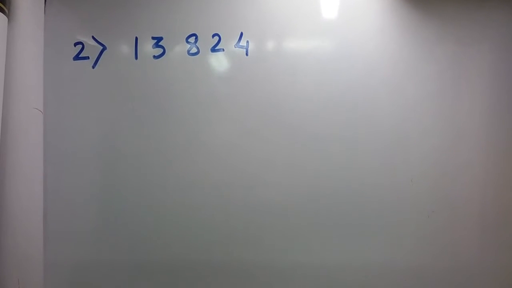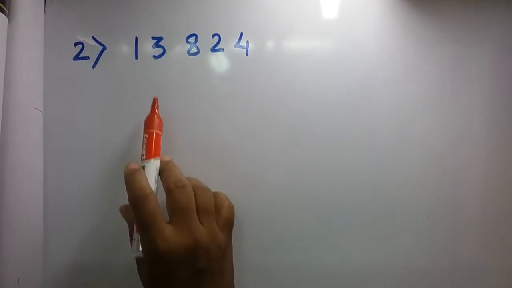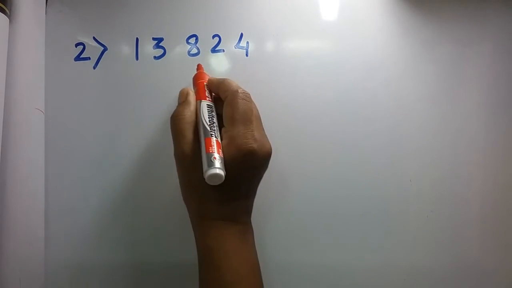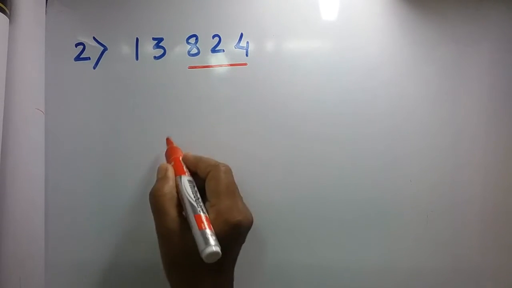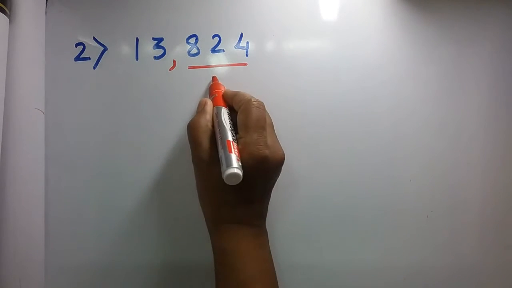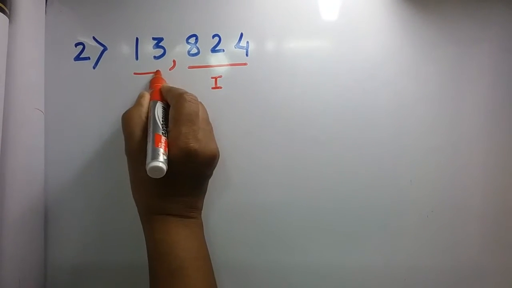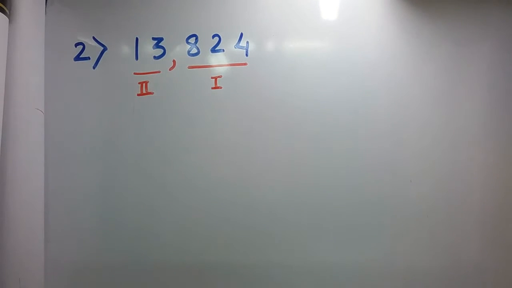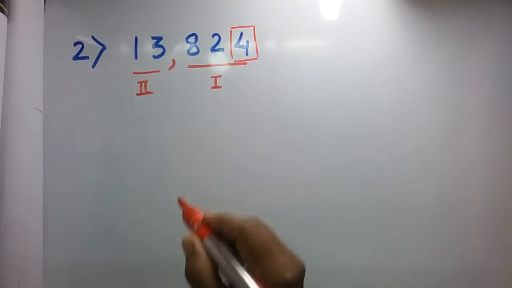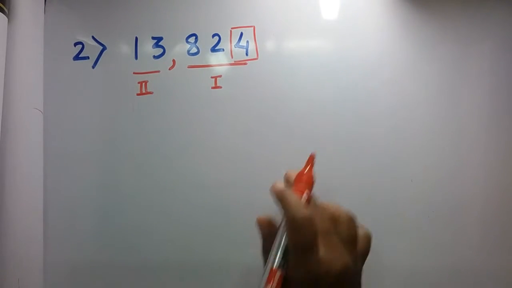Next question. By the estimation method, how to find out the cube root of the given number. First, divide into 2 parts. The first part with the 3 numbers, you are left with 2 more. Leave it as it is. This is the first part and this is the second part. As I have told you before, you have to see the unit place, and you know that the cube of 4 always ends in 4.